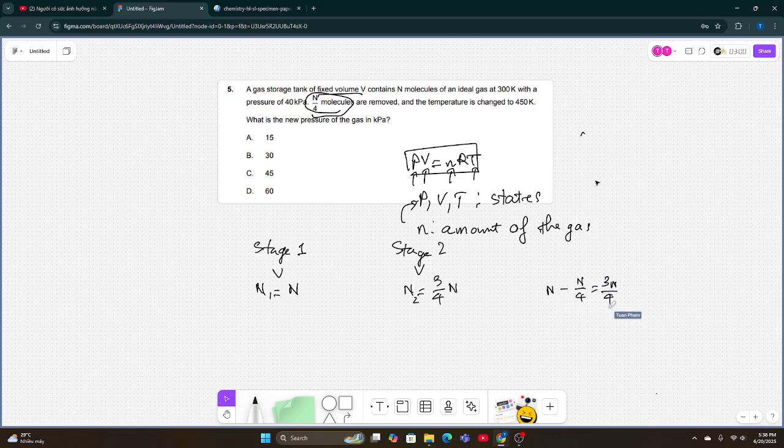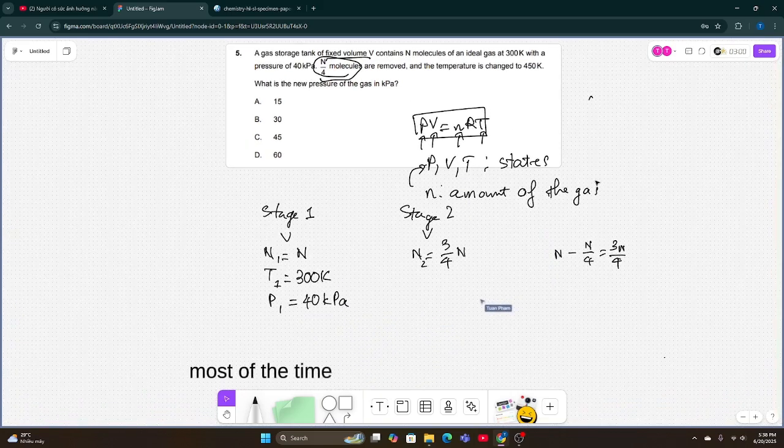All right. T1, the temperature, is equal to 300 Kelvin. Pressure P1 is equal to 40 kPa. Here, you can convert, or you don't need to convert. It's up to you.